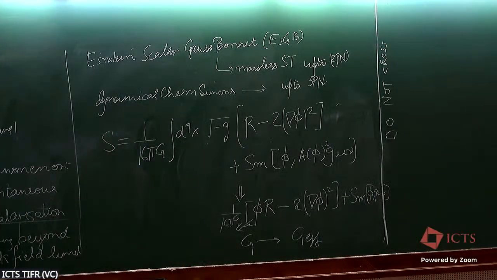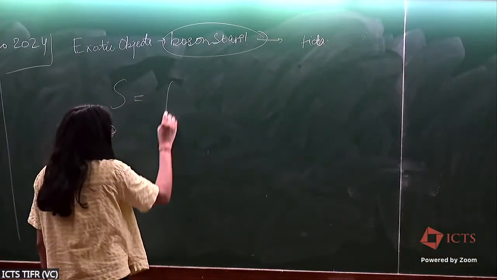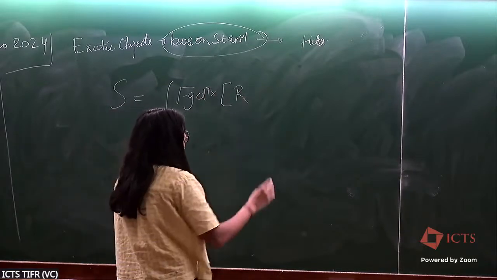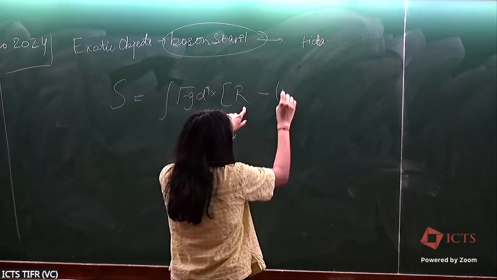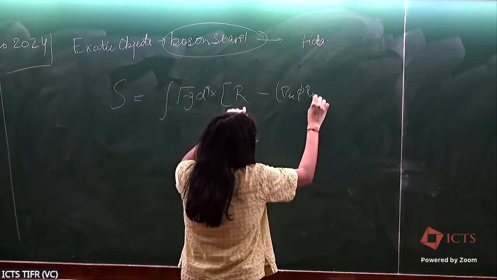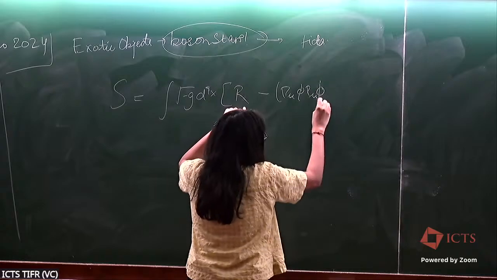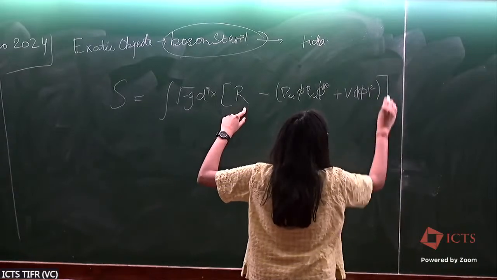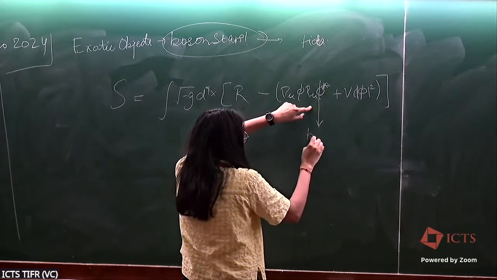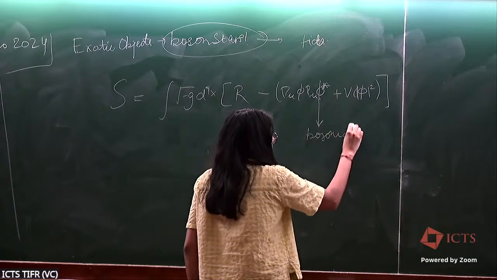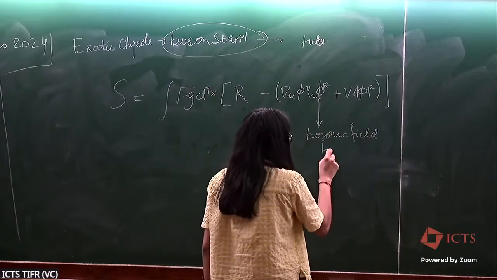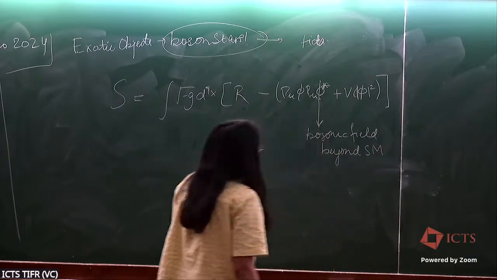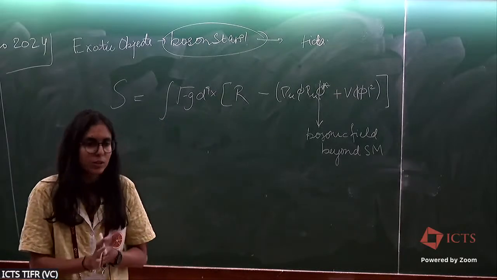So the action for boson stars is like, you have the usual Ricci scalar, and then you have the term where this is the scalar field or the bosonic field, which is beyond the standard model of particle physics because the mass here is different from the mass of the Higgs boson, for example.